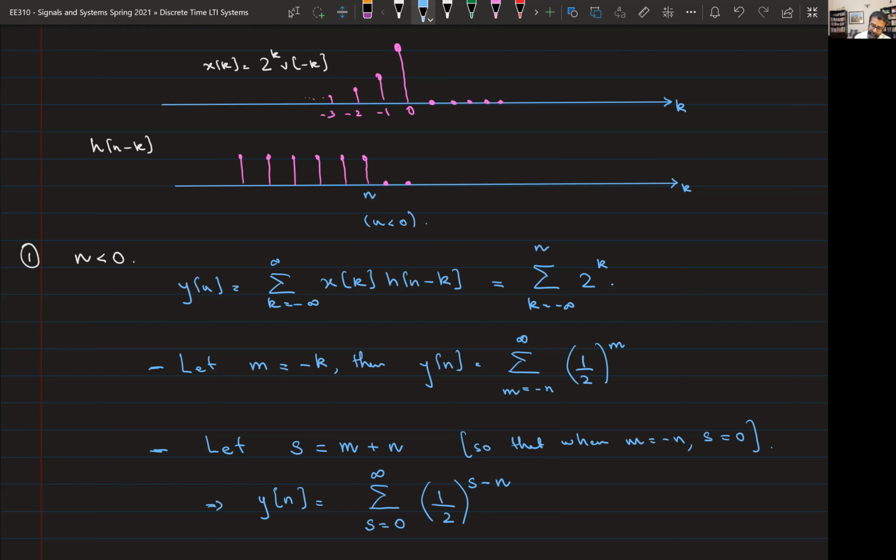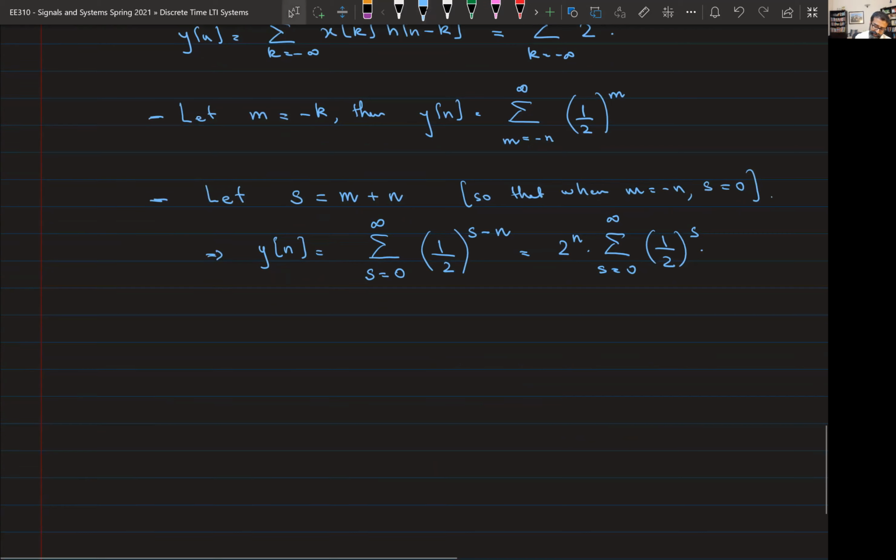Okay, and therefore this is equal to 2 raised to power n times the sum over s equals 0 to infinity of half raised to power s. Now it's quite easy to solve.